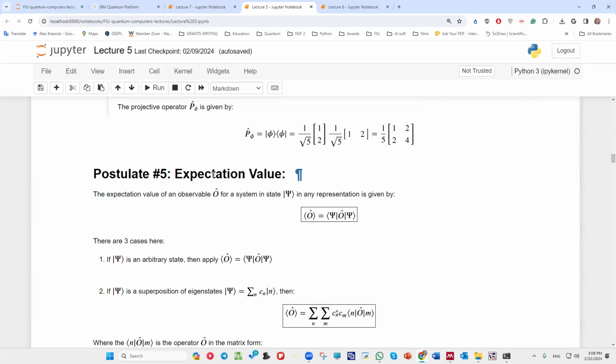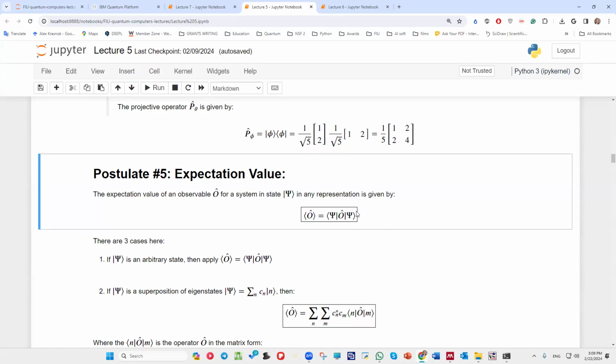So the next postulate basically formulates a way how to calculate or measure the expectation value for a system. So let's say, again, your quantum system can be given in a superposition of different states, and you measure like energy, and the first measurement gives you energy 1, another measurement gives you energy 2, the third measurement probably gives you once again energy 1, and so on.